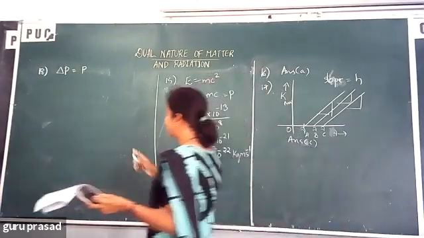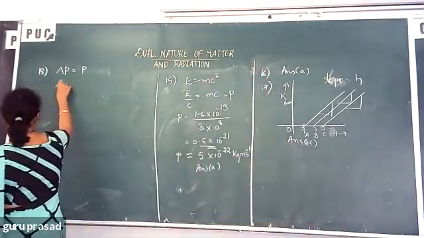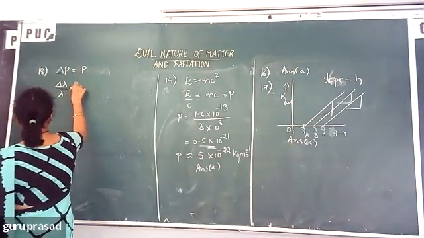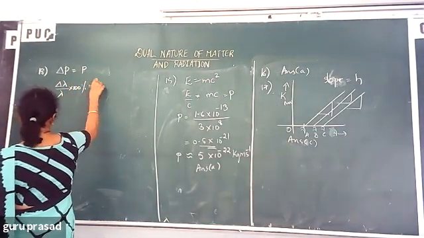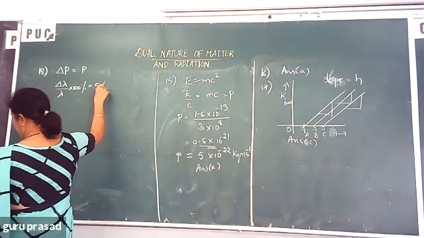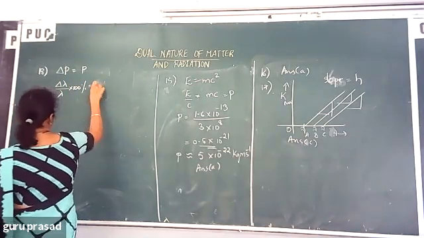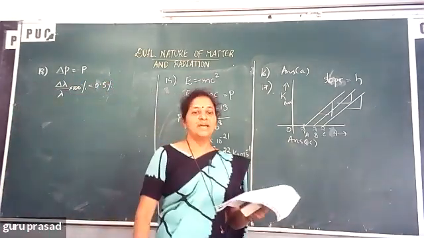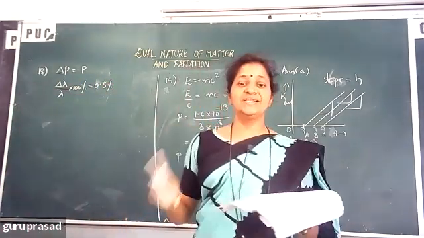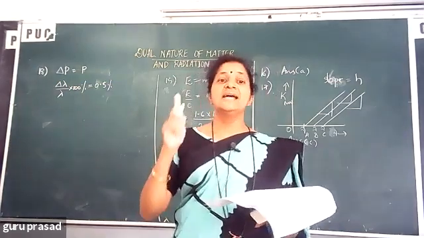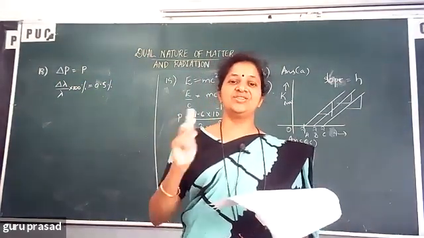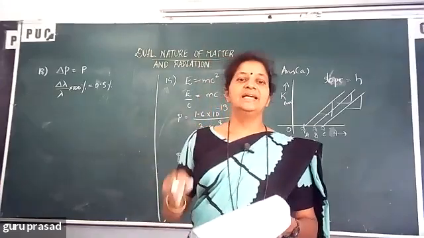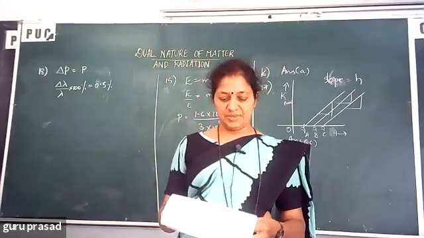Wavelength changing by 0.5% means you must understand that it is the percentage change in the de Broglie wavelength, that is delta lambda by lambda, original value, into 100%.